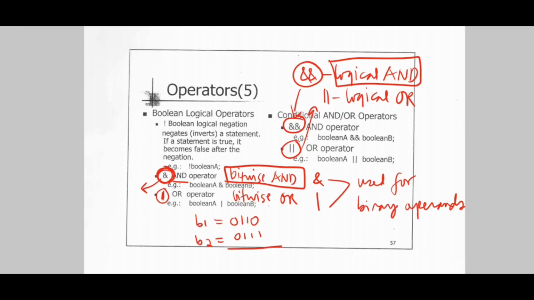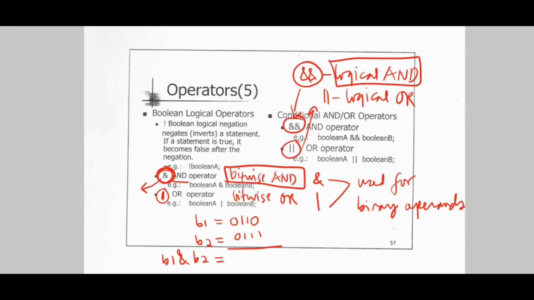If we are going to perform the bitwise AND, B1 and B2, this would perform the AND operator bit by bit, from the rightmost bit position going to the leftmost bit position.